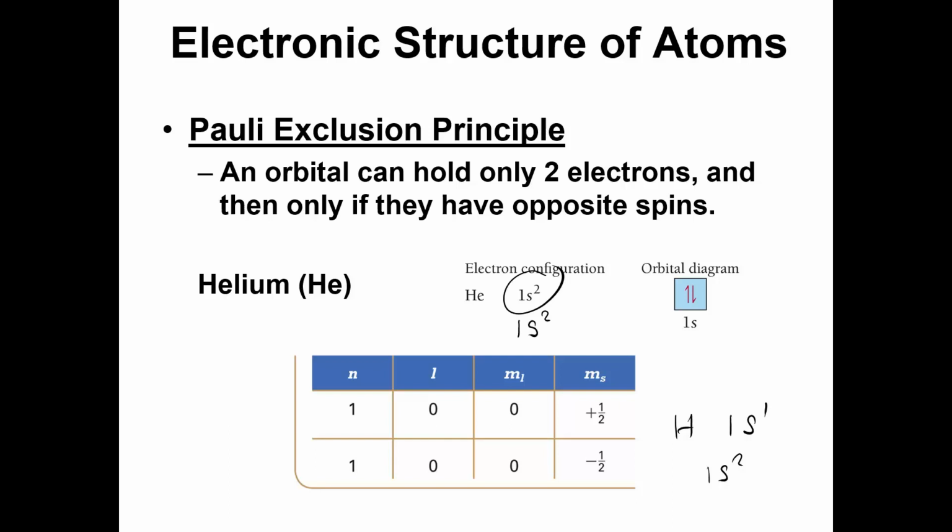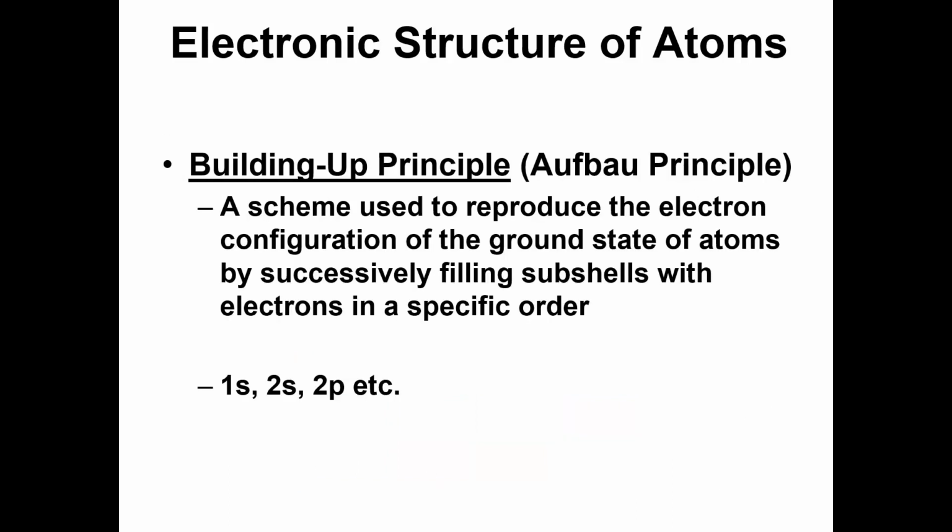So we keep going. But how do we know how to keep going? We do this by using the Aufbau principle, which is a German word that essentially means building up. We just fill one orbital at a time. And if you remember the quantum numbers, you can actually figure out what they are.